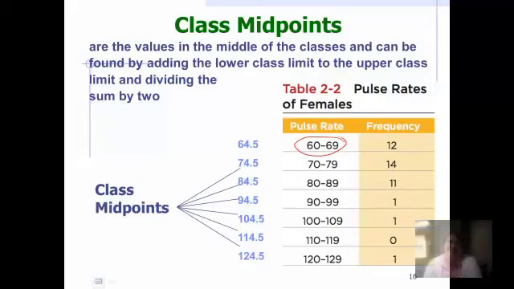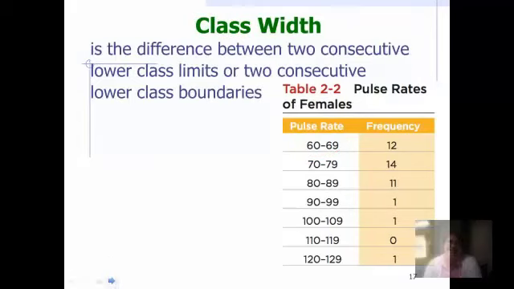We're not going to do much with class midpoint, but if all we had was this frequency table and we didn't have the data table from a few slides ago, we could find a really good estimate of the average of the data by taking the frequency times the class midpoint, adding those numbers up, and dividing by the number of individuals in our data set. But we're not going to need to do that very much.